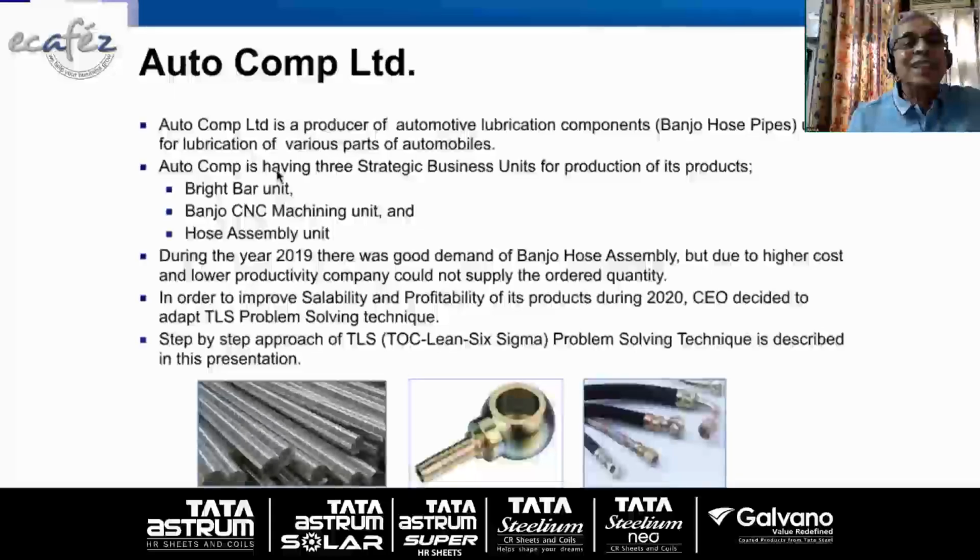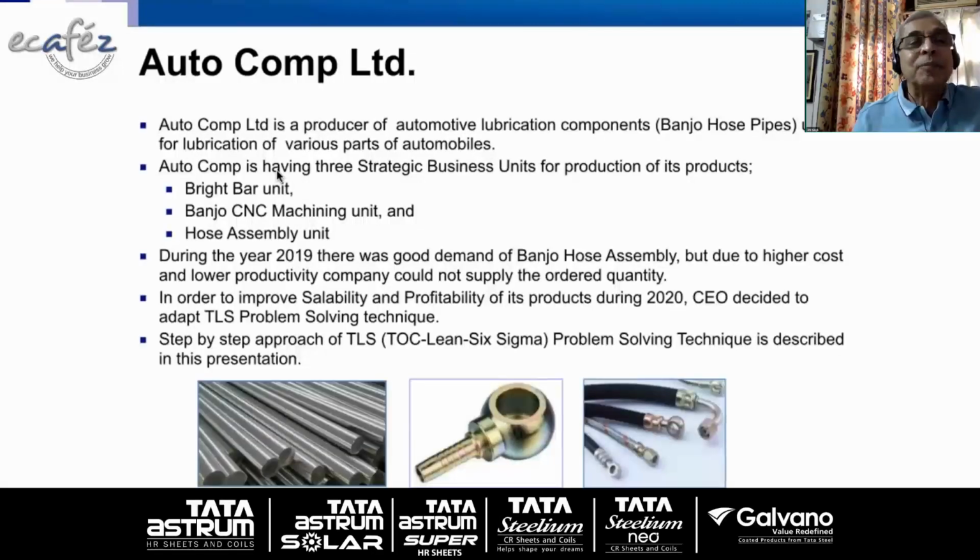Let's take the case study of Comp Ltd. Comp Ltd is a producer of automotive lubrication components. It's a Banjo hose pipe as shown in the slide here. It is used for lubrication of various parts of automobiles fitted inside the engine. Comp has three strategic business units for production of its products: the bright bar unit, the Banjo CNC machining unit, and the hose assembly unit.